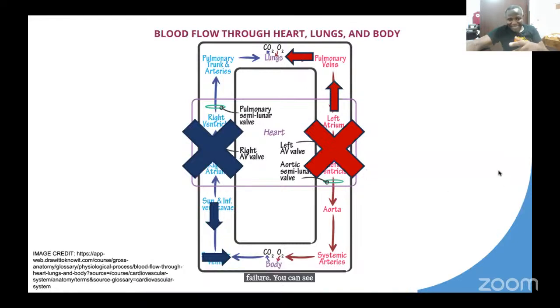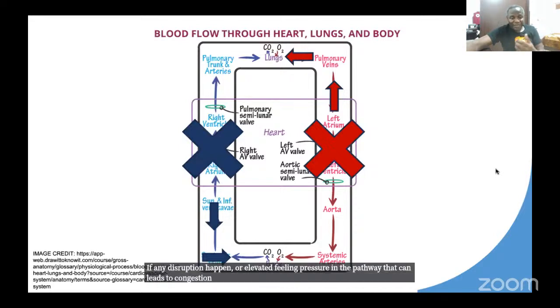You can see that in the animation. It means that if any disruption happens or there is elevated filling pressure in the pathway, that can lead to congestion, and congested flow back into the lungs, resulting in pulmonary edema, with clinical manifestation of peripheral edema due to blood pooling caused by the heart failure, inability to pump.